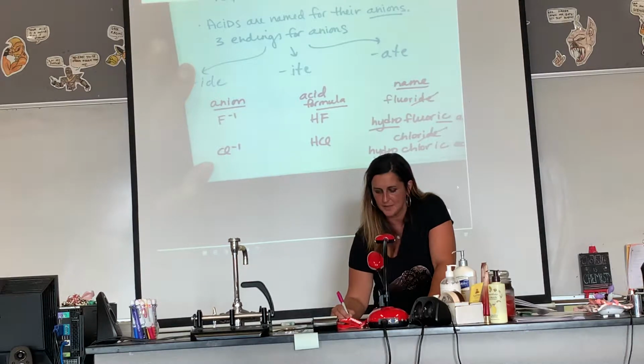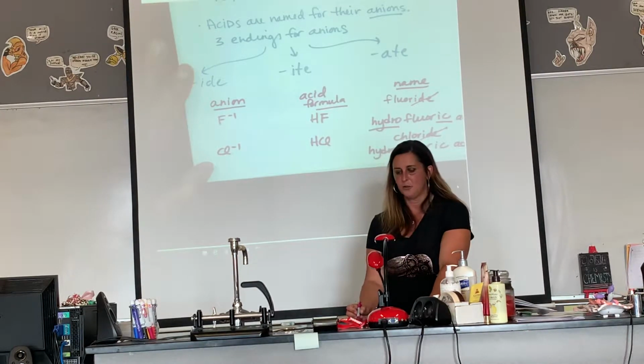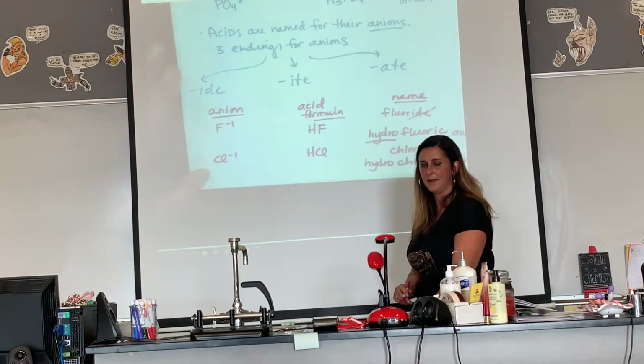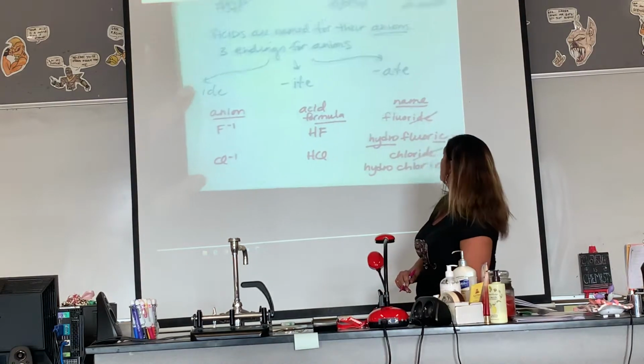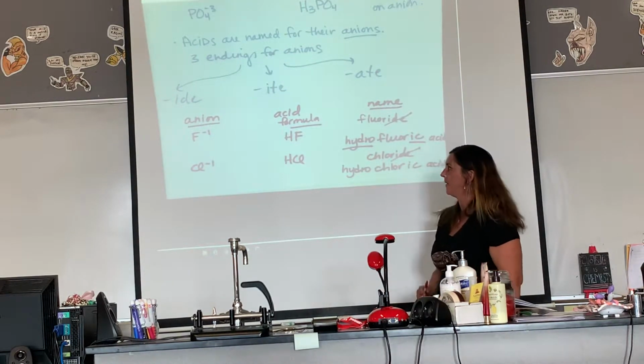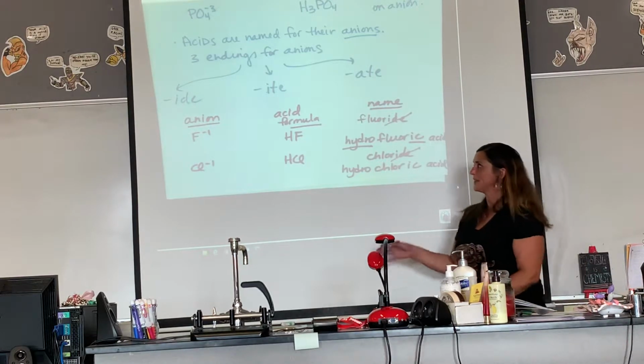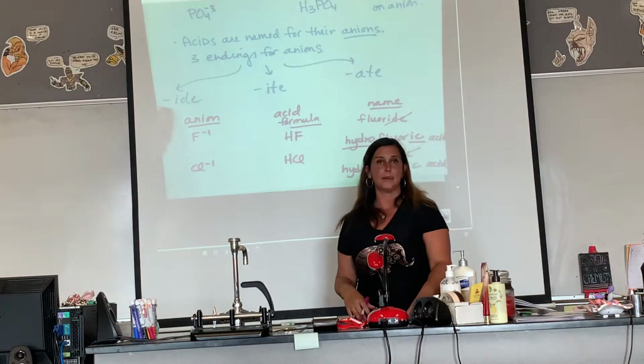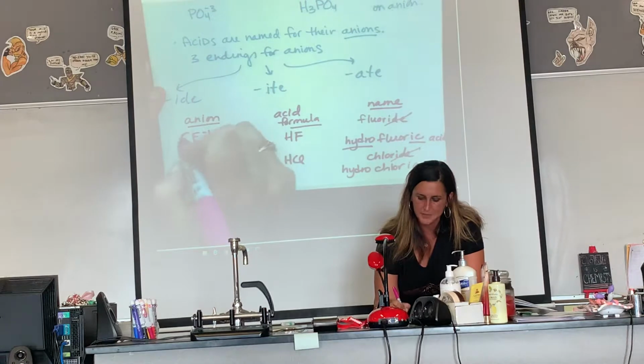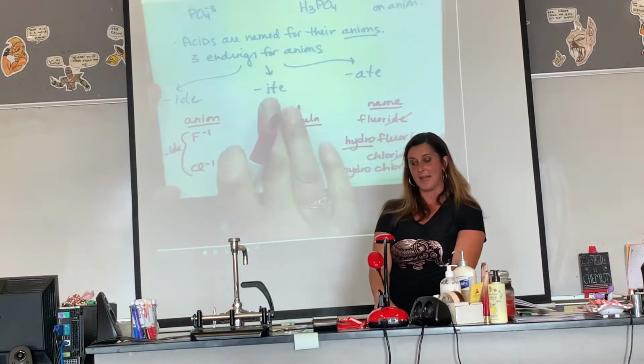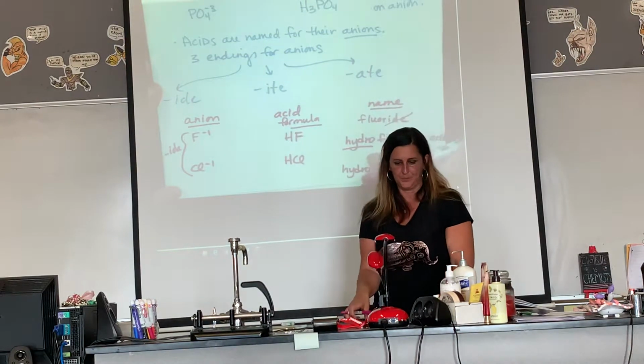I forgot to write that up there. So we have hydrochloric acid. That's if the anion ends in ide. So these are examples of ide. We're going to go on to ite and ate right now.